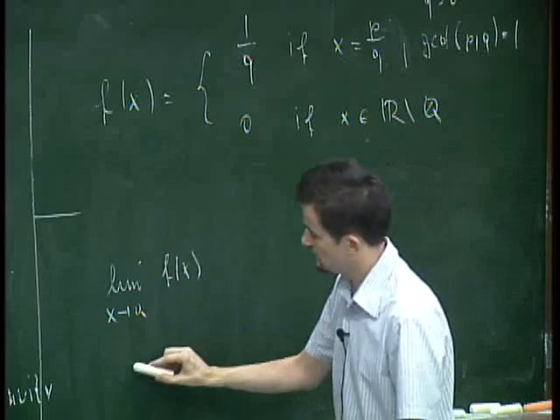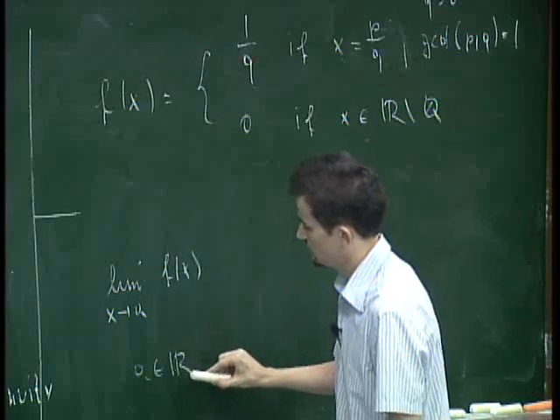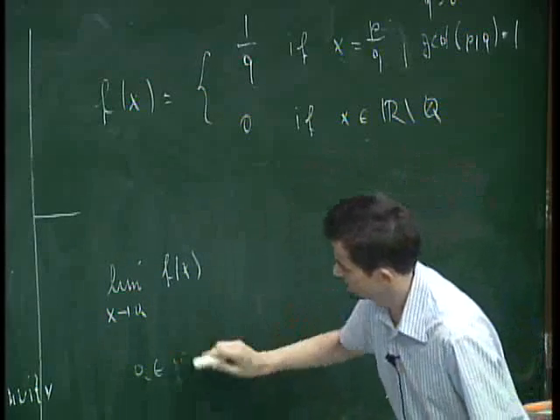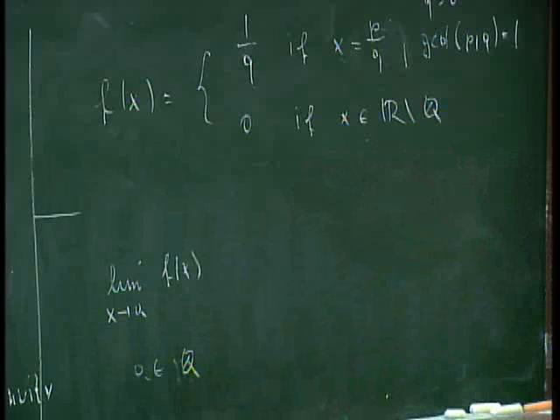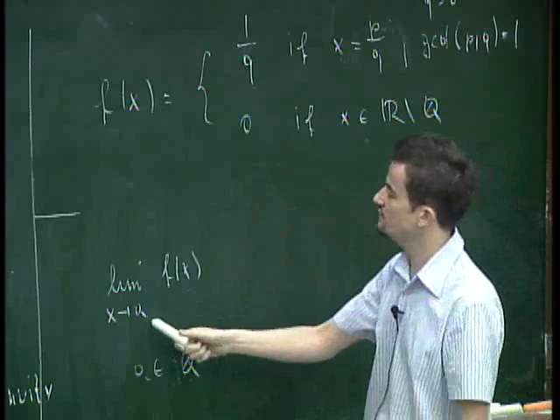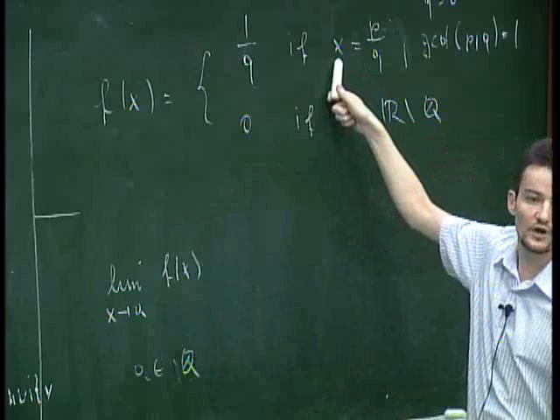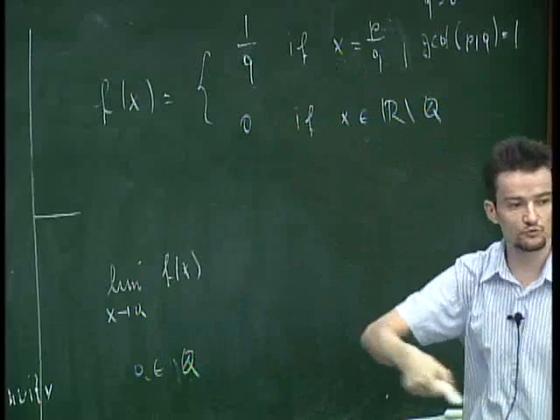If a is a rational number, does this limit exist or not? Yes or no? If you think about the point x is equal to 0, here the function value is 1.